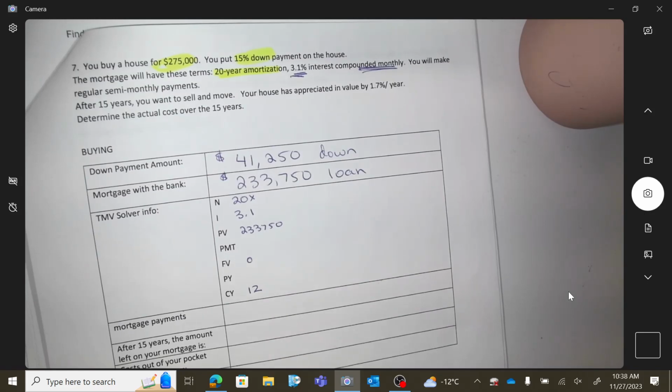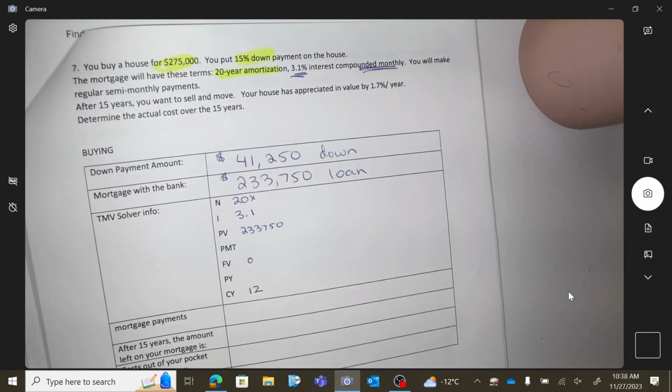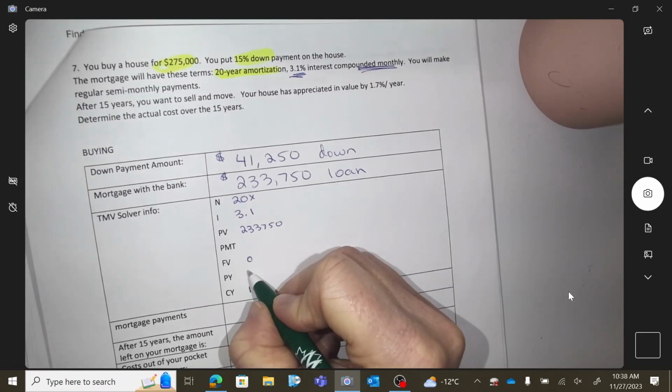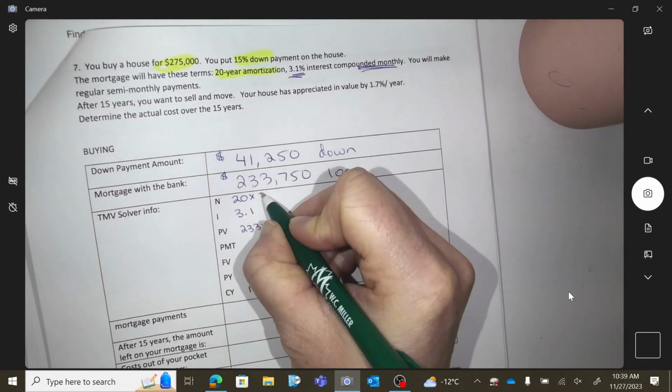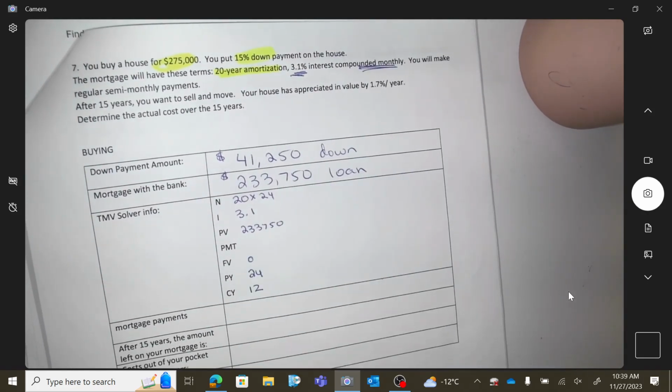Oh, we just talked about it. We're going to make regular semi-monthly payments. So what did we just say here? Semi-monthly. 24. So there's my times there at the top. 24 is the times there.